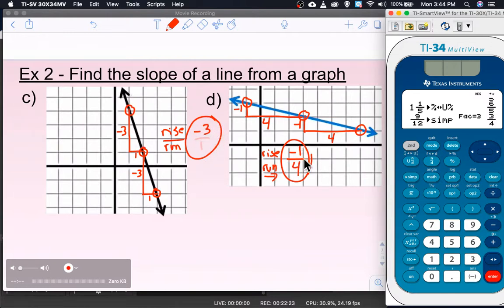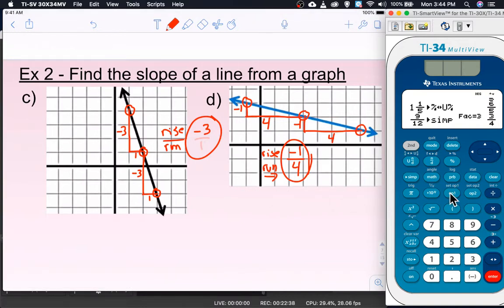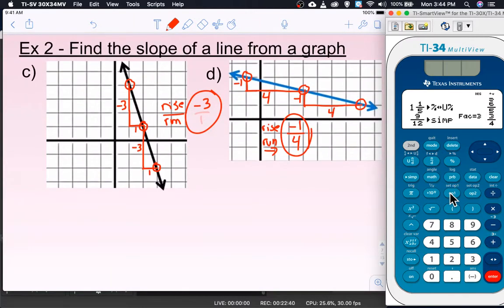Where a number like -1/4, it's still negative, but that number is much closer to 0. And look how kind of flat it is. If I had a slope of actual 0, a slope of 0 is a perfectly flat line. Where if I had a slope of, say, 1,000, my line would look almost straight up and down.